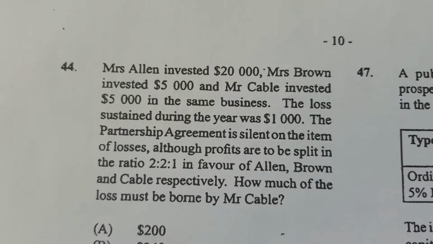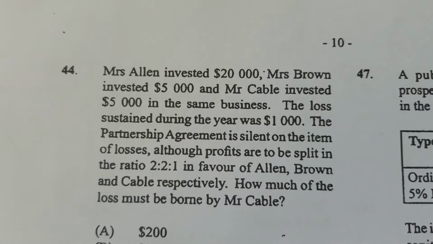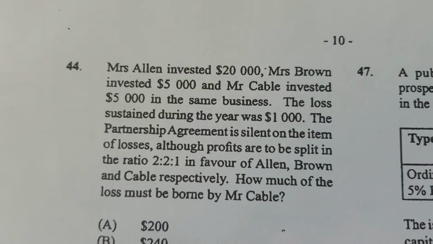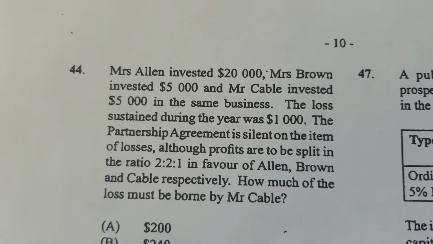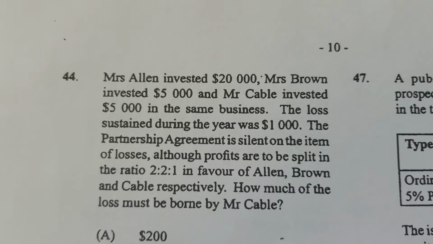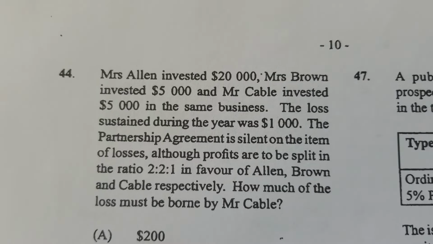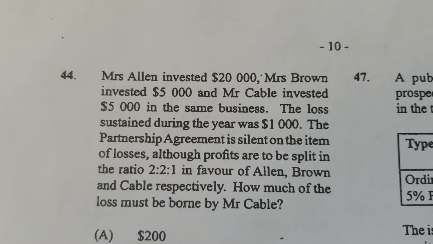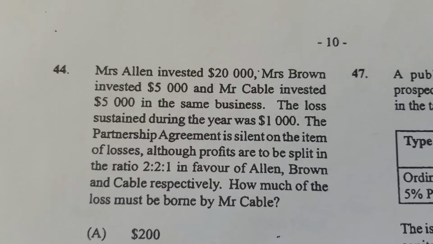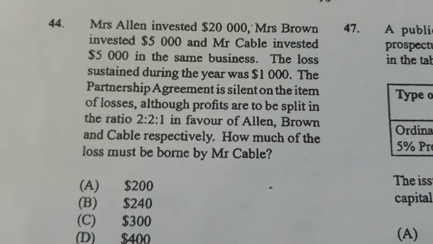The partnership agreement is silent on the item of losses, although profits are to be split in the ratio of 2 to 2 to 1 in favor of Allen, Brown and Cable, respectively. How much of the loss must be borne by Mr. Cable?